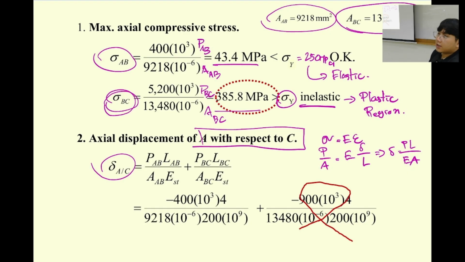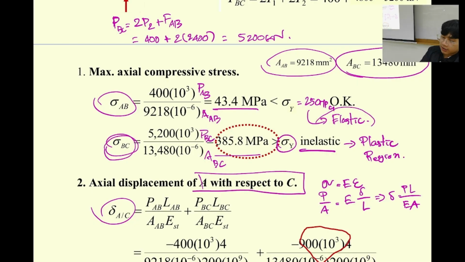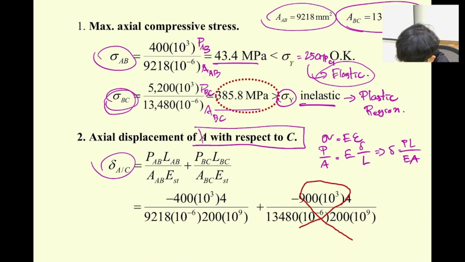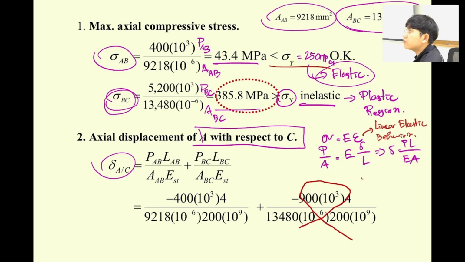So it's wrong. I cannot use it. Because of what? If you look at this one carefully, from Professor Hooke, this one we can use when it's in linear elastic behavior, which means it can be used when your material is below sigma y only.